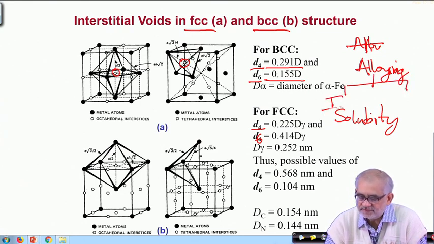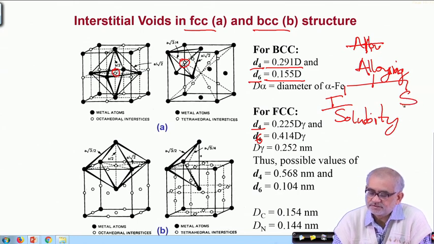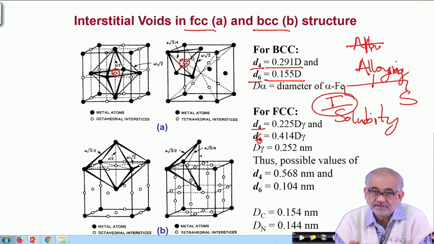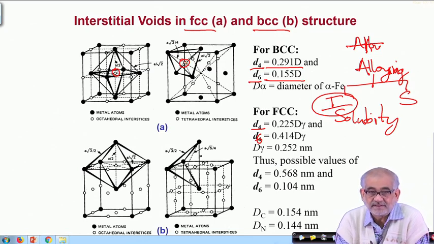One is the so-called interstitial and the other is substitutional. The interstitial ones are the ones which can squeeze into these holes, but the sizes of these holes are always smaller than even the smallest possible atom one can think of. So whenever we push in such an interstitial atom, there will be a lot of strain field around it, because of which solubility is limited.